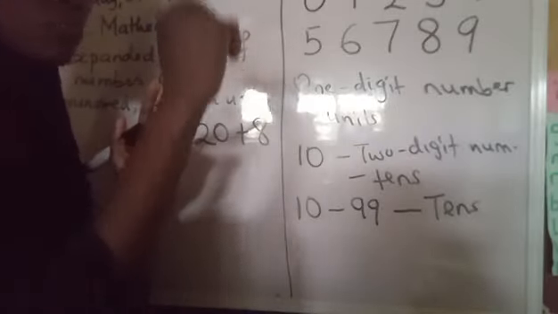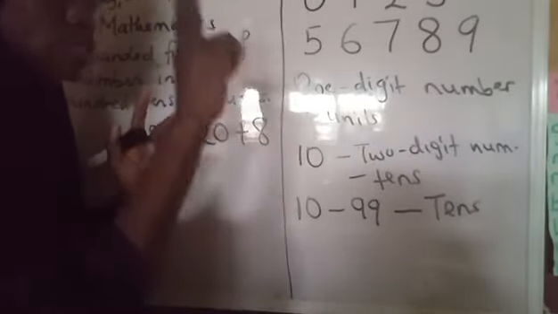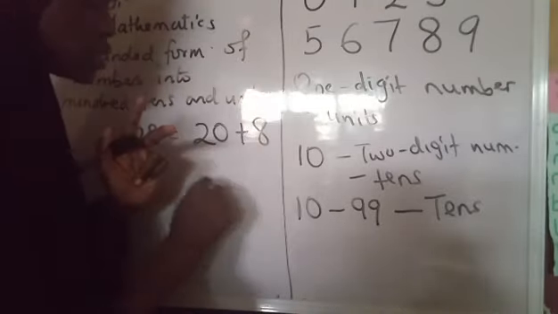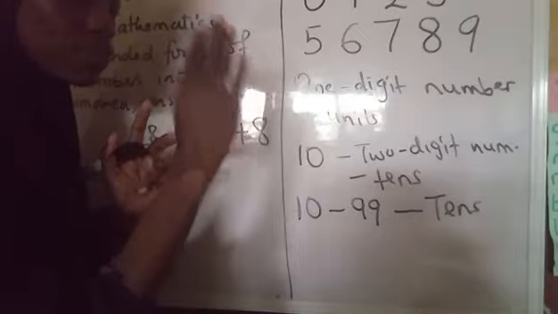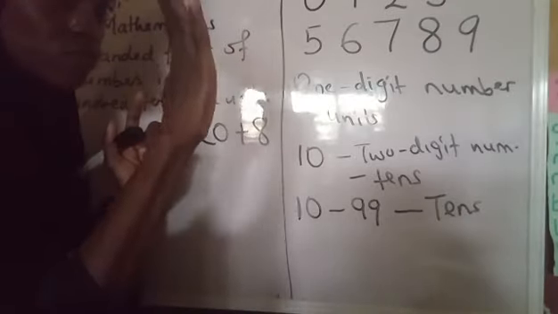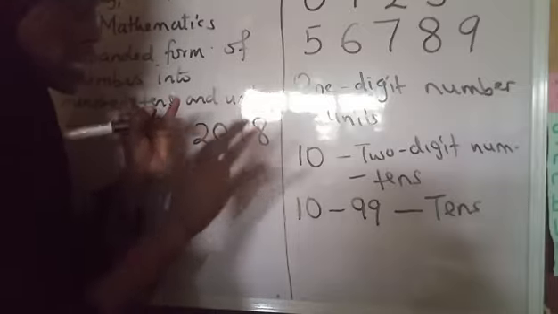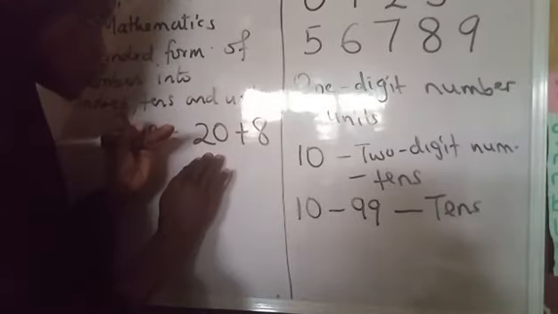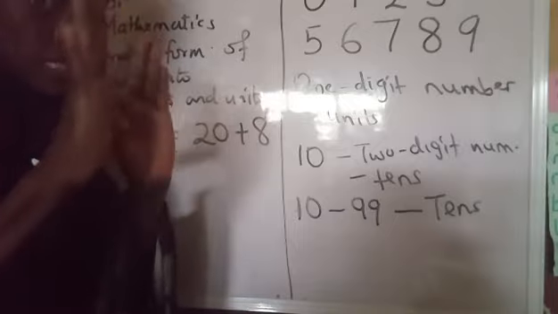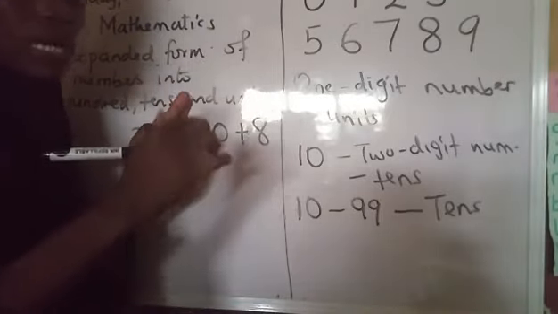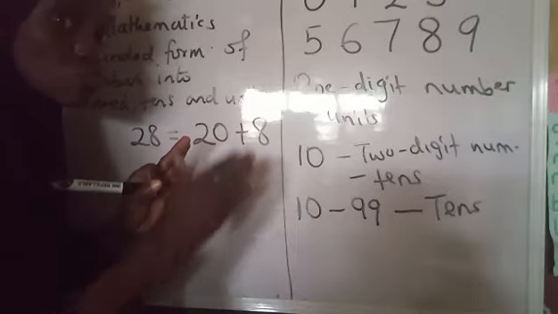20 and 1, making 21. 20 and 2, 22. 20 and 3, 23. 20 and 4, 24. 20 and 5, 25. 20 and 6, 26. 20 and 7, 27. 20 and 8, 28. Normally, after 20, if you are counting in tens, you are supposed to get to 30.